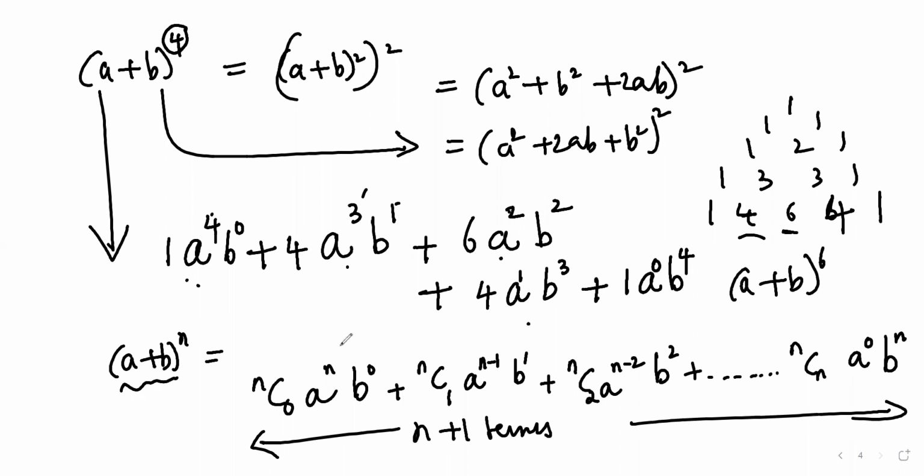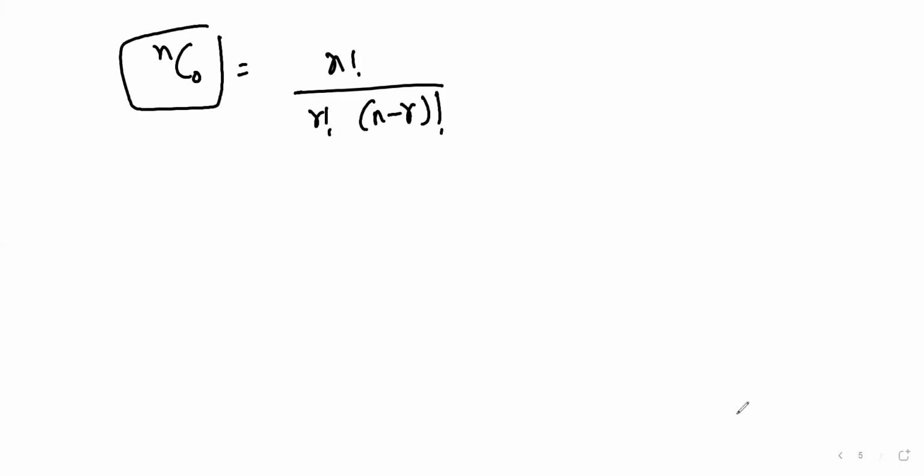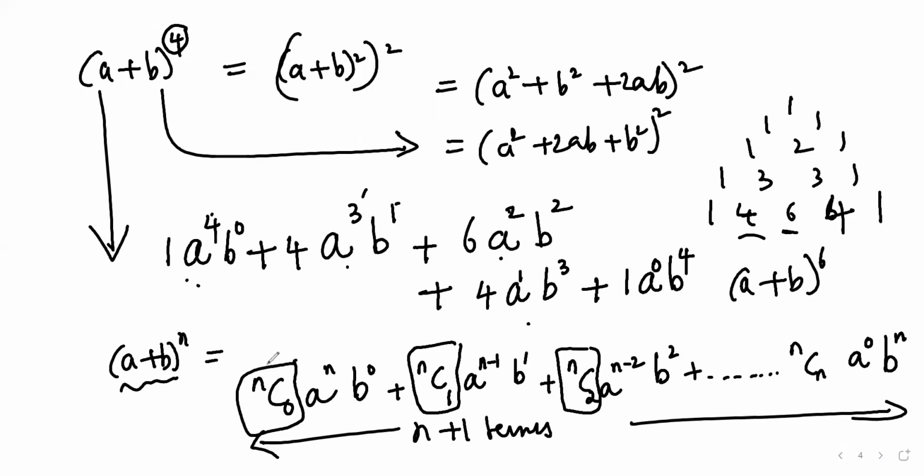Fair enough. But what is this nC0? What is this nC1? I think you have learned permutations and combinations, right? You have a knowledge of it, you would have come across this. nCr is n factorial by r factorial into n minus r factorial. These are the binomial coefficients in the expansion.